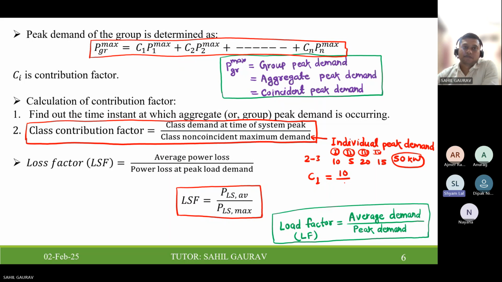Understand? And C2 will be like this one. C2 will be 5 upon P2 max.